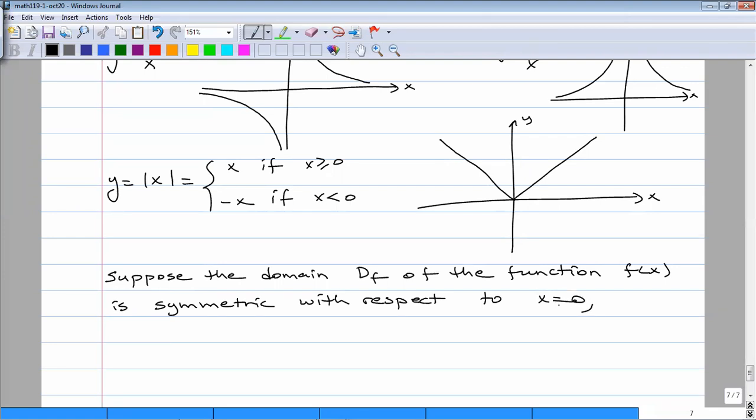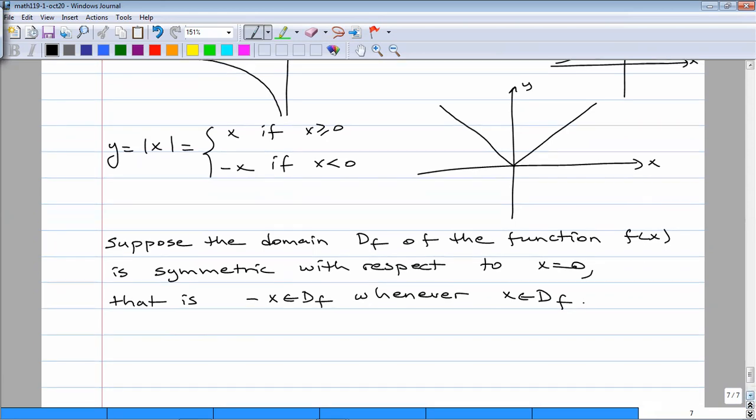This means that minus x belongs to the domain whenever x belongs to the domain. So the domain of f, if it includes some number, then it also includes its negative.